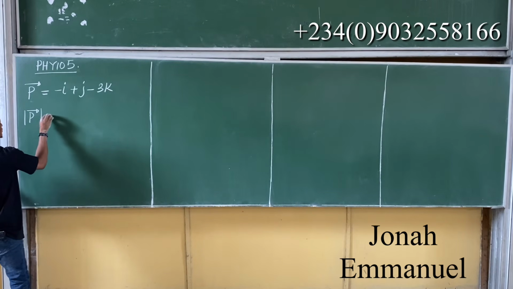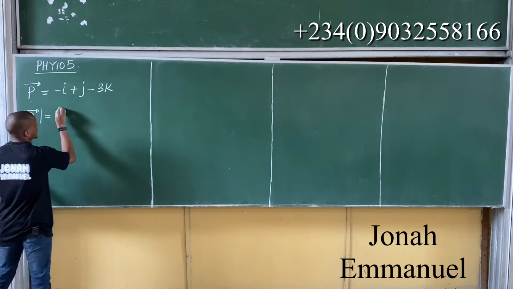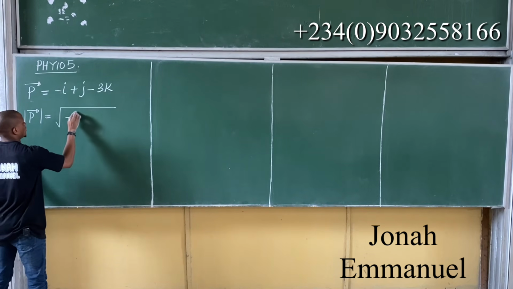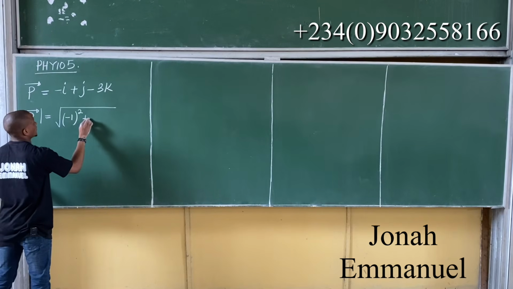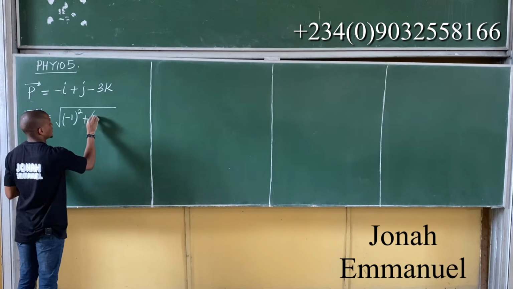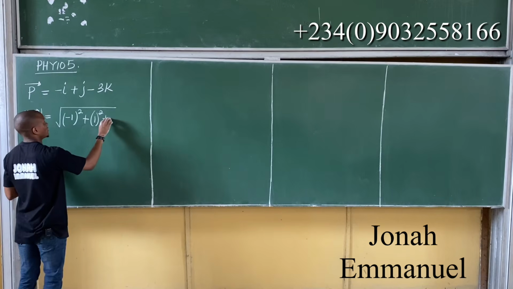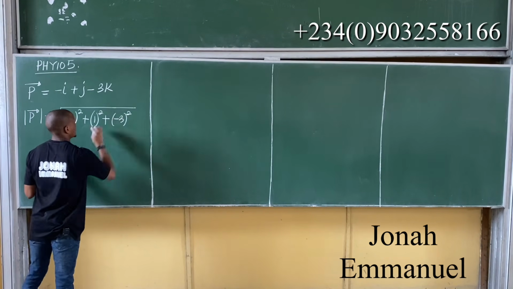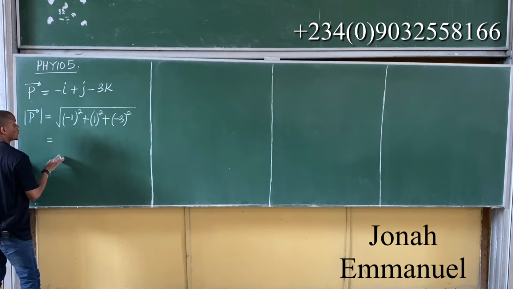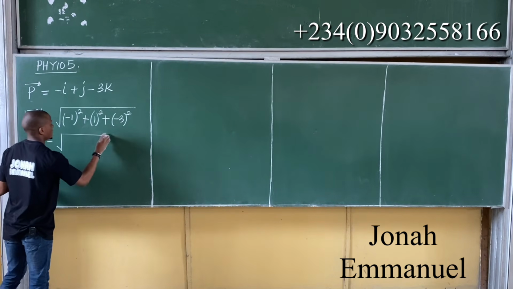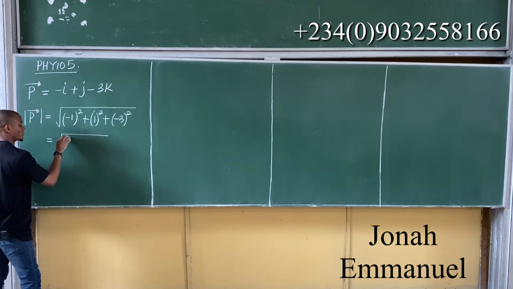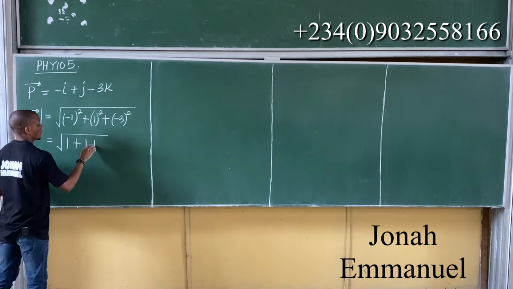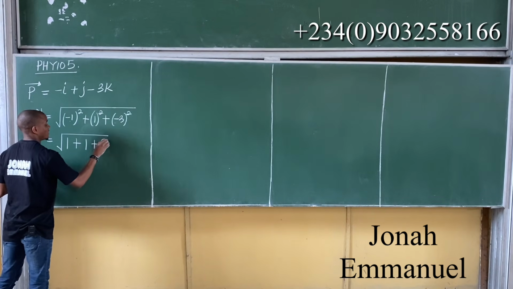So the magnitude will be equal to the square root of this one here. My coefficient here is minus 1 all squared plus my coefficient here is 1 all squared plus coefficient here is minus 3 all squared. This is now equal to the square root of minus 1 all squared gives positive 1, plus 1 squared gives 1, plus minus 3 squared gives 9.